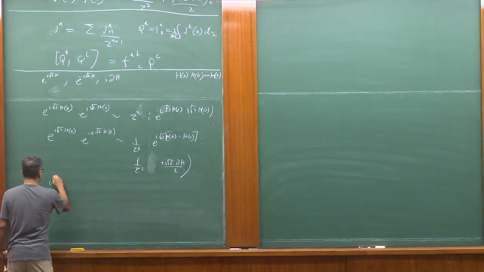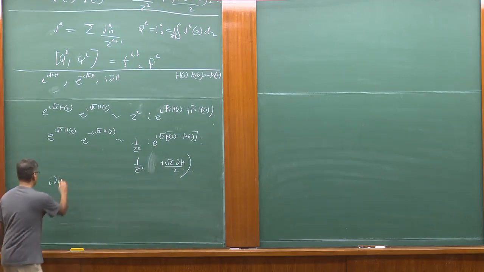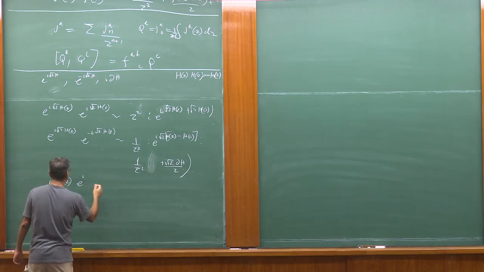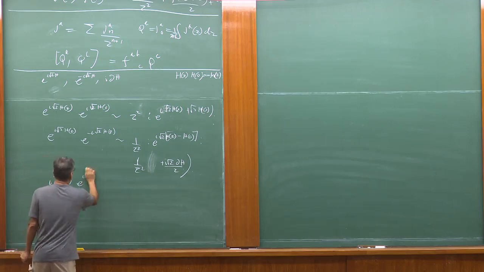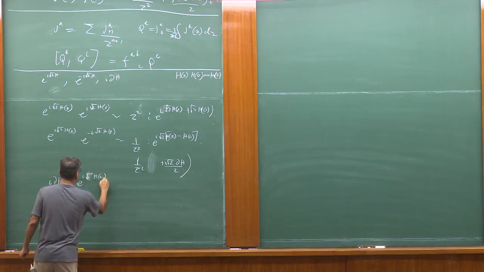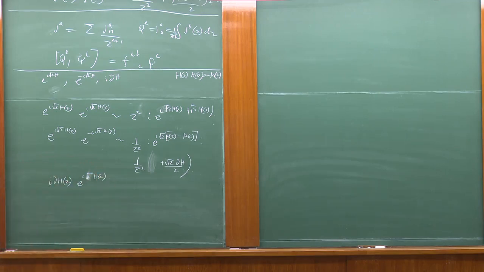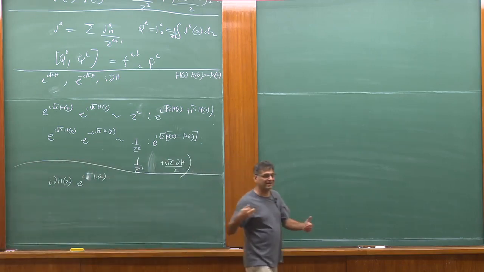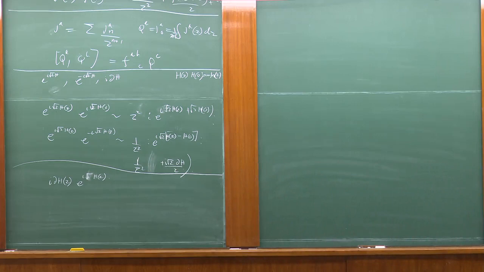Now let's do the same with I del h of z with e to the power I square root 2 h of z. Okay, this we actually have already worked out while studying general conformal field theories, because this is the generator, this is the current, OPE of a current with an operator that carries charge under the current.